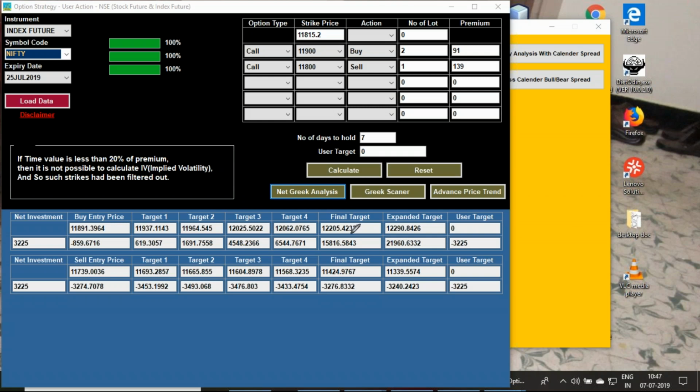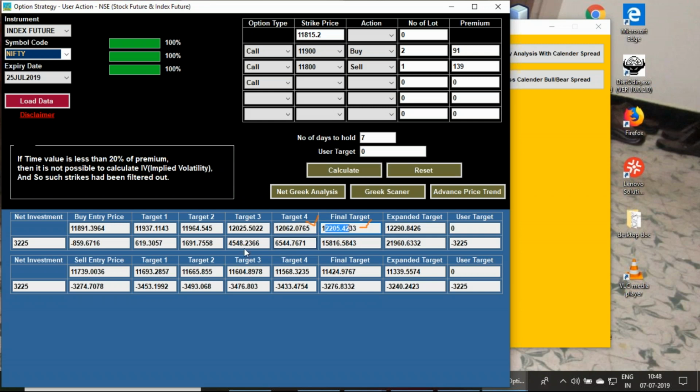So what can I do? Because till this point I have a good profit, till this point also I have a good profit. If I think in this order, I am just going for a call option here. So my profit is optimizing, jumping from 6,500 to 15,000 at 12,200. Very carefully listen to this.